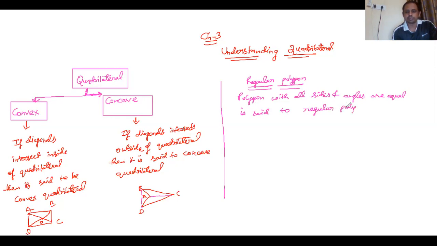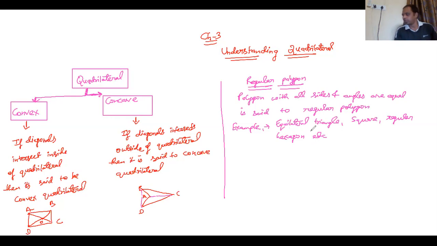Regular polygon examples: you can say equilateral triangle, square, or regular hexagon, etc. Whatever the polygon is, you just have to write regular pentagon, regular hexagon, regular heptagon.